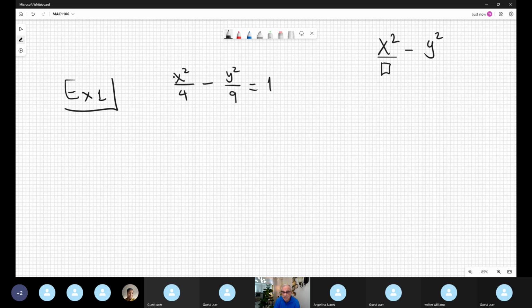The coefficients we have here are totally irrelevant, it doesn't matter. Also, it's already expressed in standard form. How do you know that? Because the right-hand side is 1. Now you compare this equation and this equation.